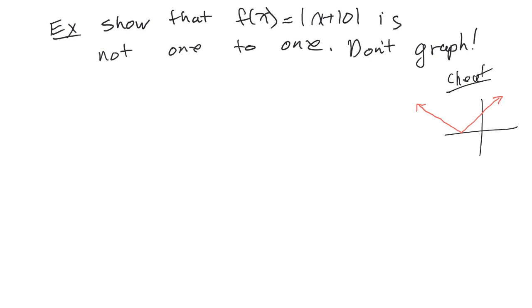So all we really need is one y value that gives us two possibilities. So let's just try it out. I'm going to choose, say, the value of x equals 0 here. So I start with my equation and I go f of 0 is equal to, well, absolute value of 0 plus 10.